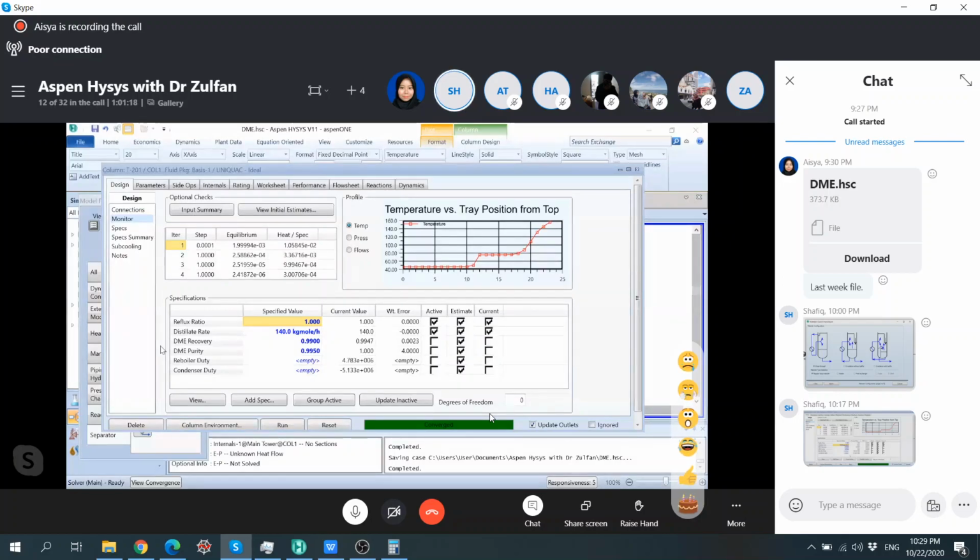But the question is at which stage the amount of duty is the minimum. Because if we can find the minimum amount of duty, that means we just need to pay the minimum amount of money to get the same separation performance.